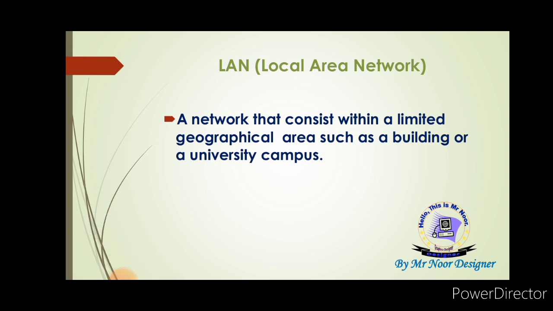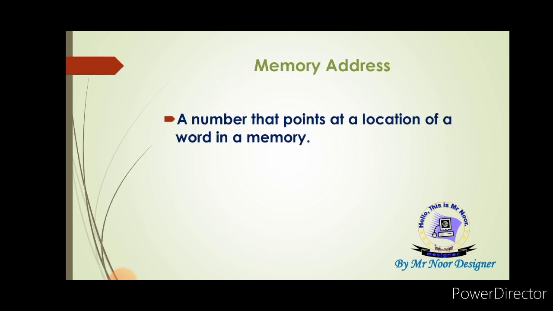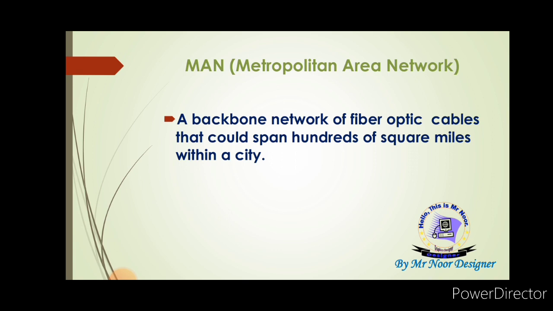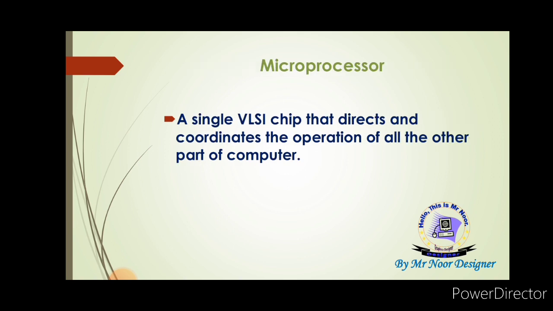LAN, Local Area Network, a network that consists within a limited geographical area such as a building or a university campus. Memory address, a number that finds the location of a word in a memory. MAN, Metropolitan Area Network, a backbone network of fiber optics cable that could span hundreds of square miles within a city.